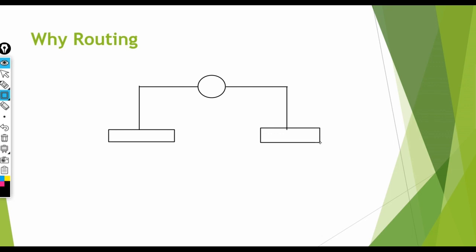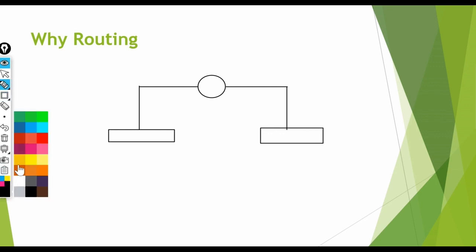Let's say this is your router, and the router has two interfaces. One interface is connected to one LAN segment, and the other to another LAN segment. I'll keep the IP addresses here as well.